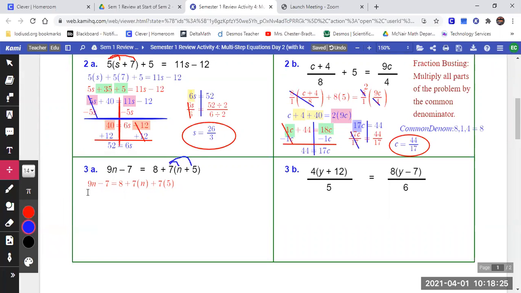Okay. Let's do our math. 9n minus 7 has to equal 8 plus 7n's plus what? 35. Yep.